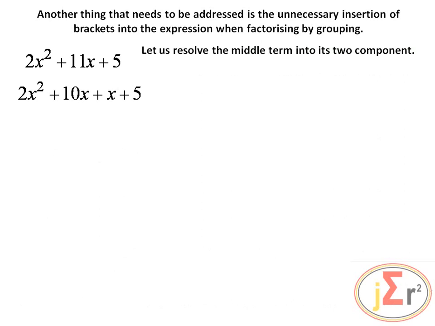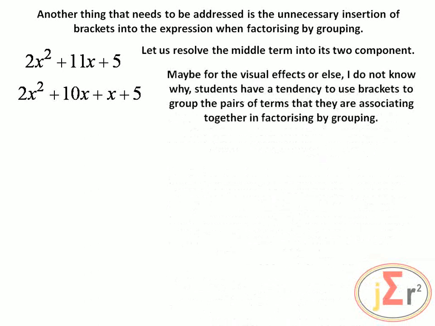Well, at this stage we are not looking at or examining how we resolve the terms. We are just looking at what happens, because students do it. They just insert brackets at will into their expressions, and in the end they get the correct answer, but the intermediate steps are not correct. And let us take a look at that.